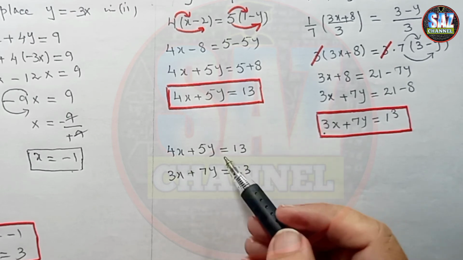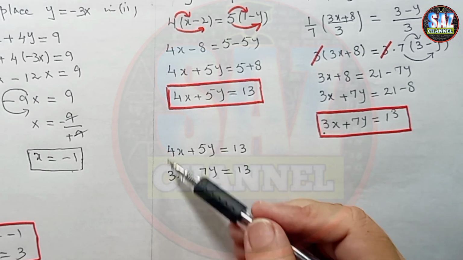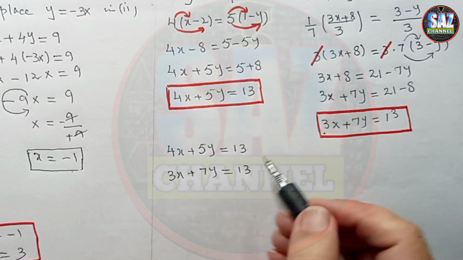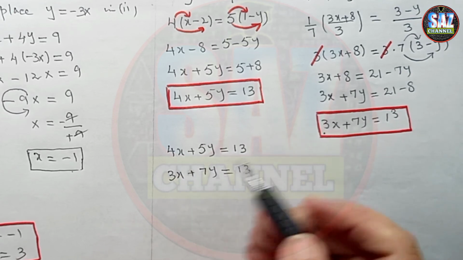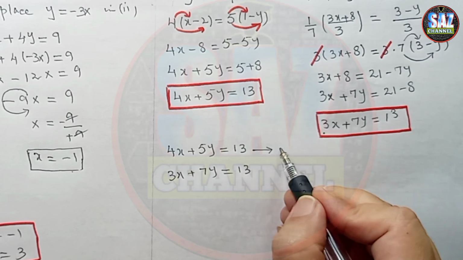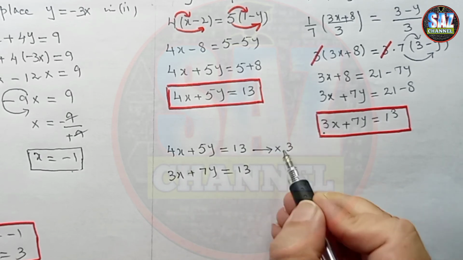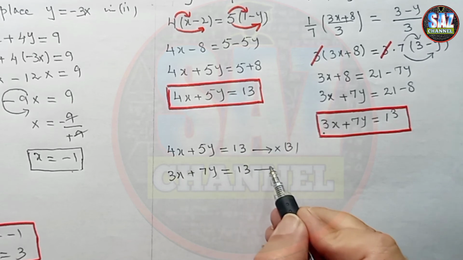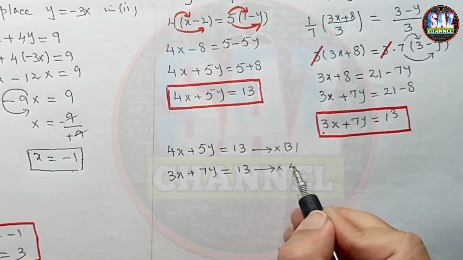Now I will prefer the coefficients of x for the balancing. LCM of 3 and 4 is 12. So I'll multiply equation 1 by 3, and I will multiply equation 2 by 4.